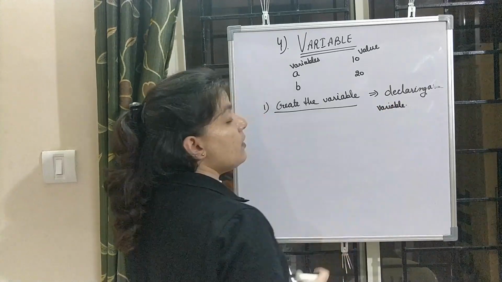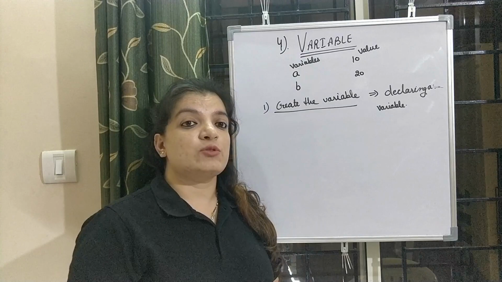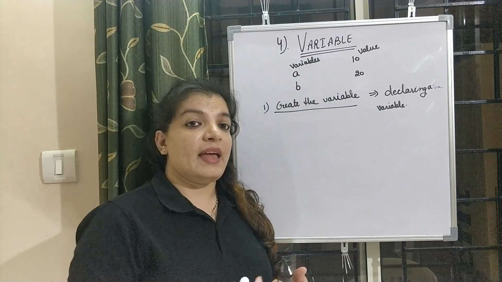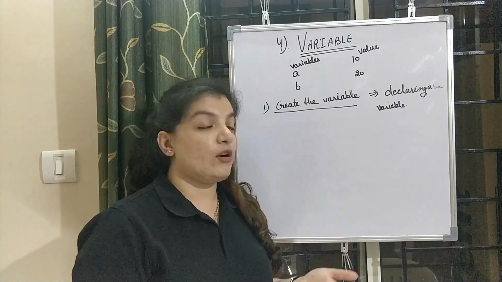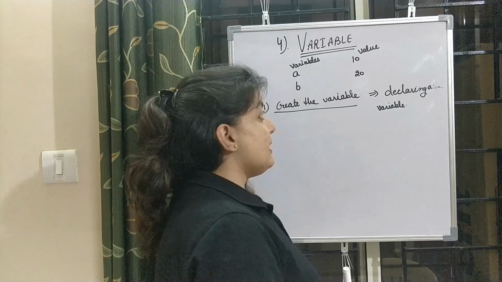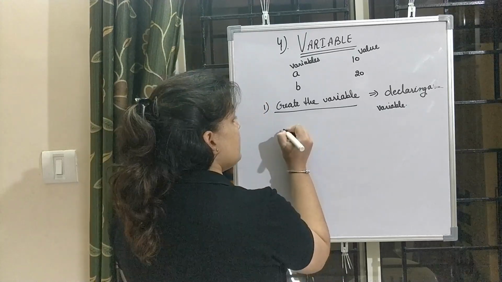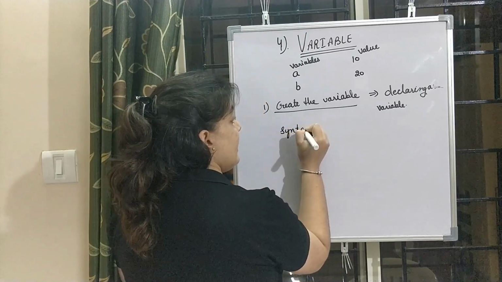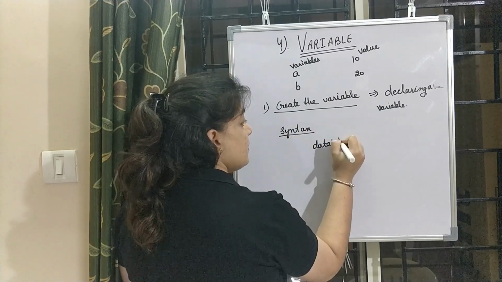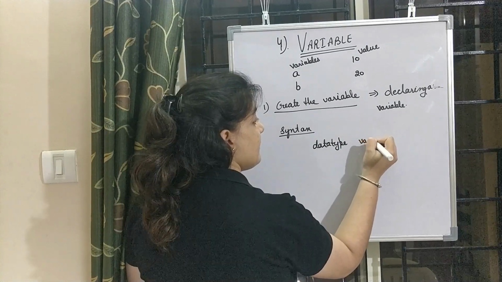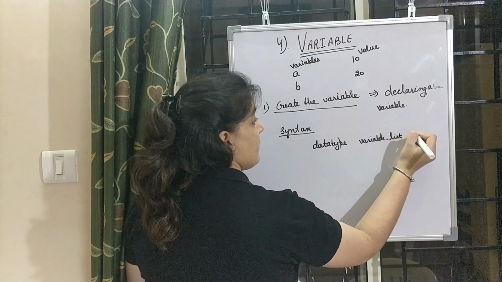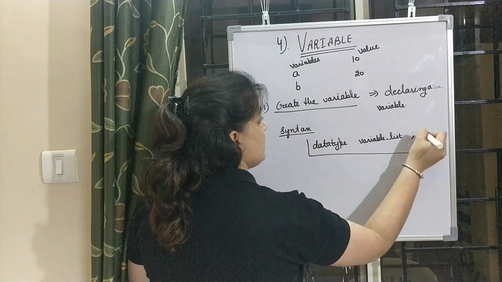Now, there are many different types of programming languages. So, different programming languages may have different ways of declaring or creating the variables. So, what is the syntax to create a variable? The syntax to create a variable is data type, variable list, and semicolon.